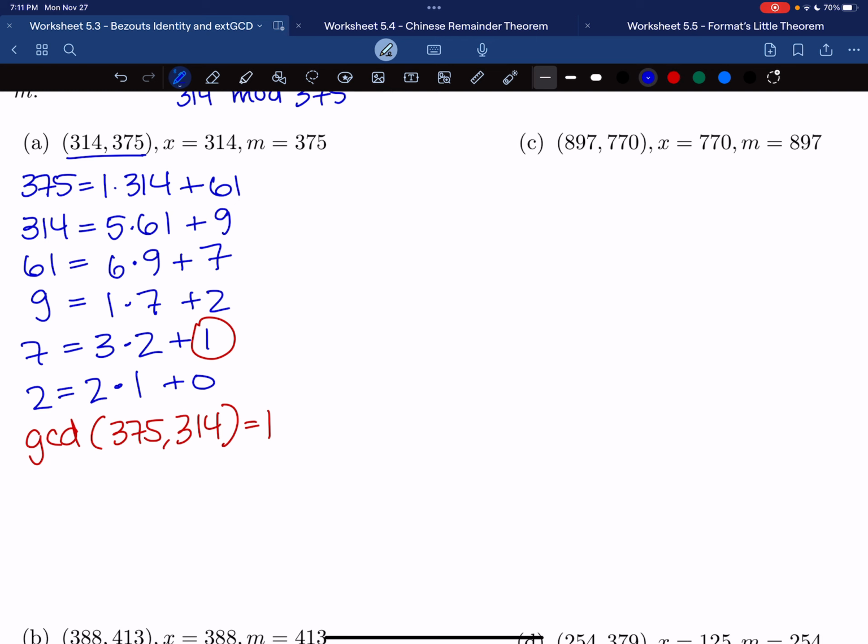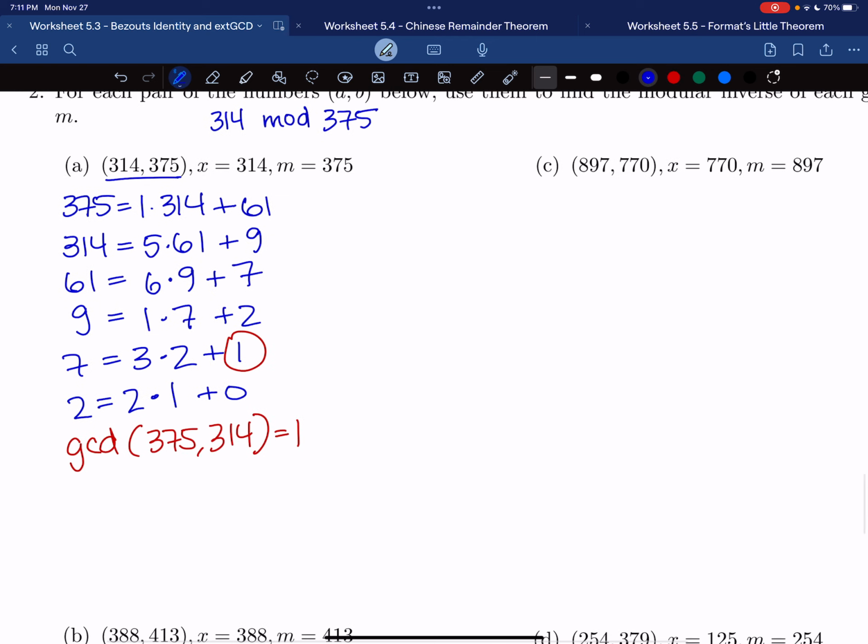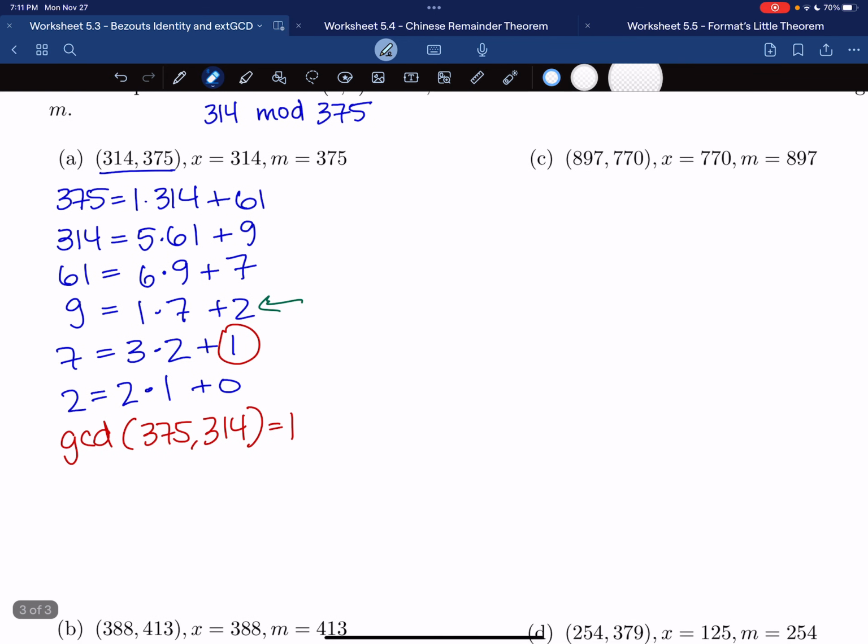Well, we remember that we can use these pieces up here. And so we know that from this line here, one down from this line here, we know that 1 is equal to 7 minus 3 times 2.